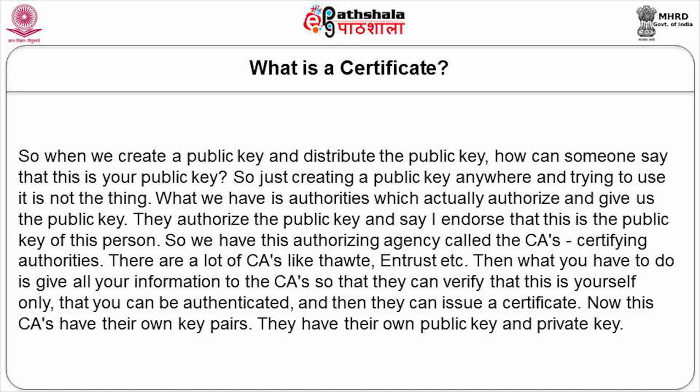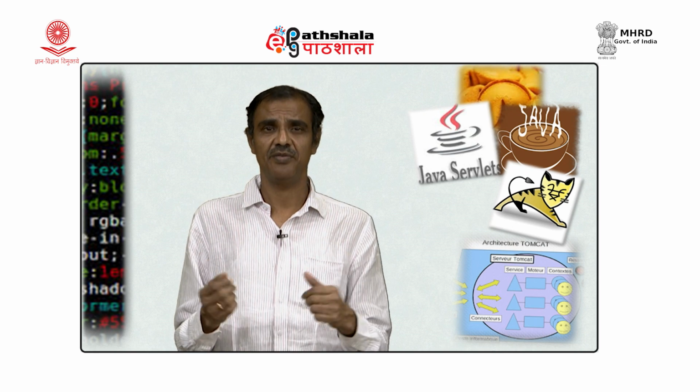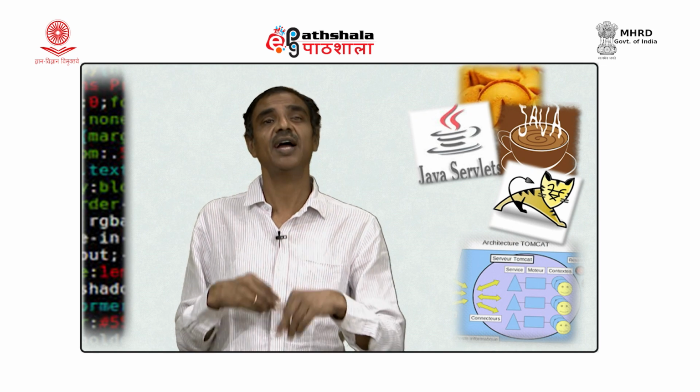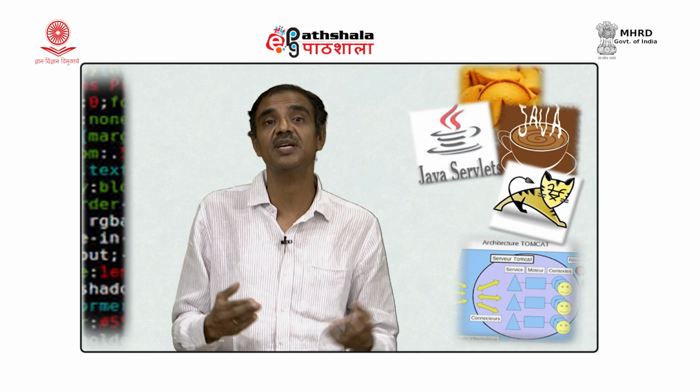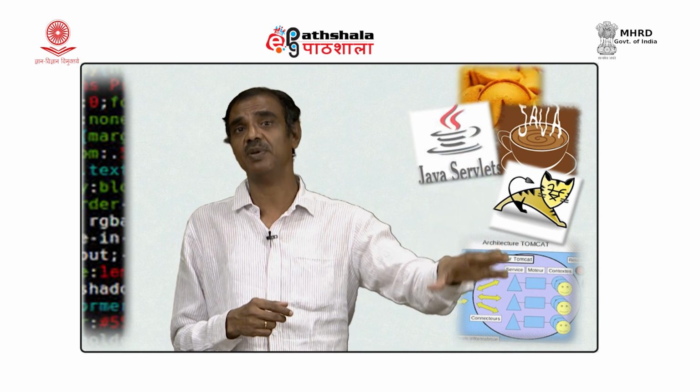You distribute your public key, but how can someone say this is your public key? Just creating a public key anywhere and trying to use it is not enough. We have authorities who authorize and say, I endorse that this is the public key of this party.